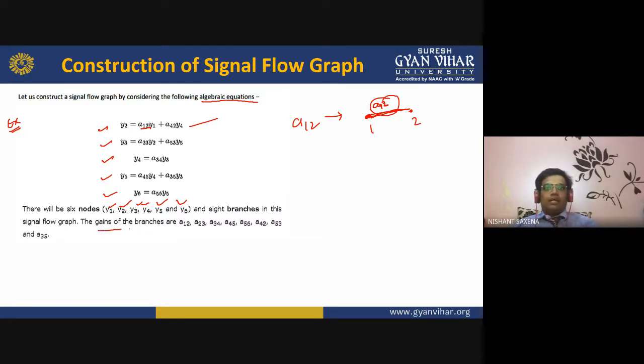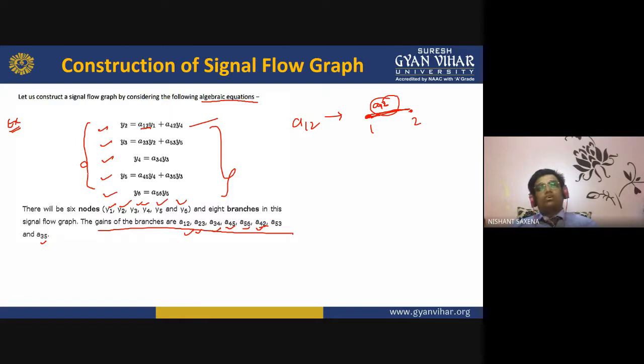Now the gains of the branches are defined as a12, a23, a34, a45, a56, a42, a53, and a35. From where are we getting this information? We are getting it from these algebraic equations. Is this clear? I hope this is clear to you.